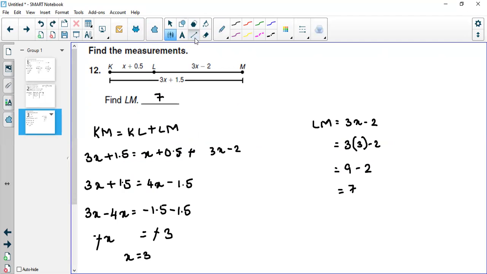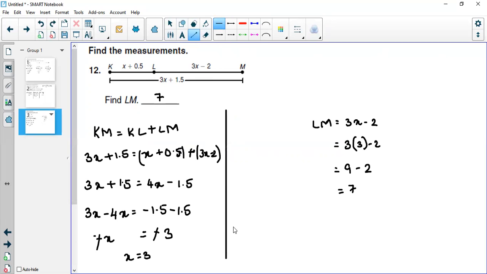Now quickly let me show you how it would look if you would bring the variables together before simplifying. So that would look like this.